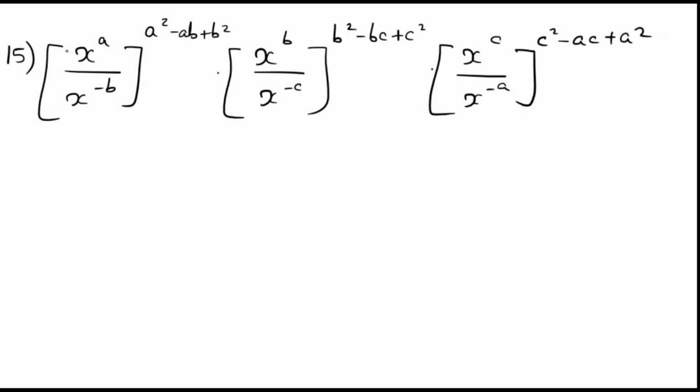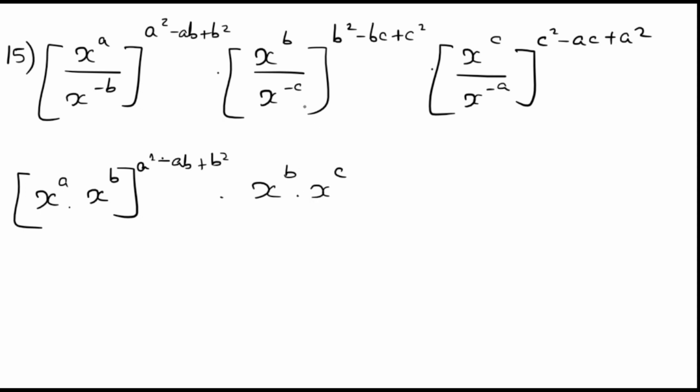Now here the denominators I'm bringing to the numerators, so the sign and the powers will change. So this x to the power A will stay as it is, and x to the power minus B, when I bring it to the numerator, it will become x to the power B. The minus will disappear. The whole to the power A square minus AB plus B square into x to the power B into x to the power C. When I bring it up, it will become positive.